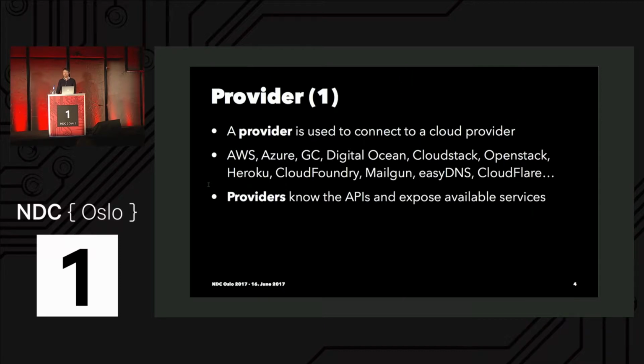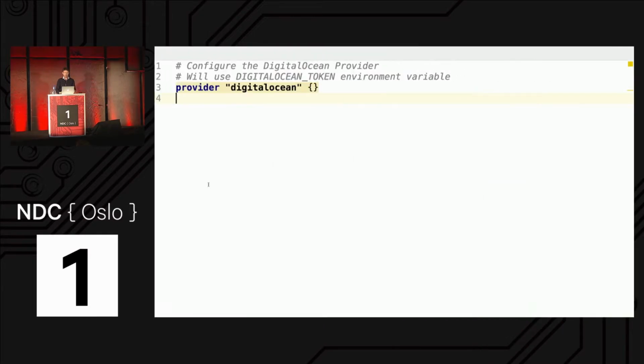Pretty much all the major ones. And the provider shields you from the underlying details of the APIs. So you don't really have to know the internals of, let's say, the REST API of Azure, to be able to use Terraform. So let's have a look at some code.